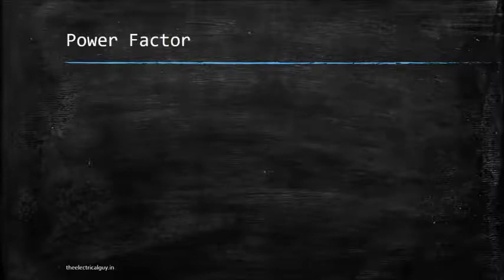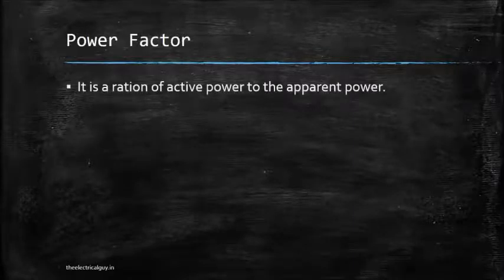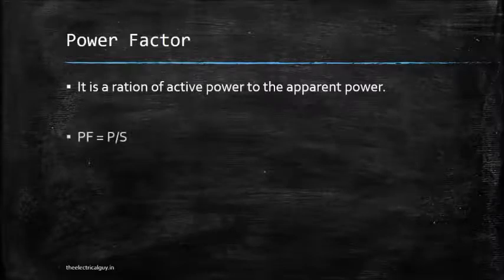I would recommend you to drop this definition if you're using it. So the proper definition is power factor is the ratio of active power to the apparent power, and it is given by PF, that is power factor, is equals to active power divided by the apparent power.